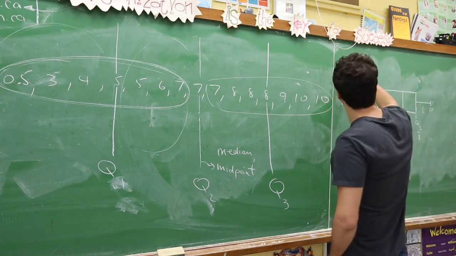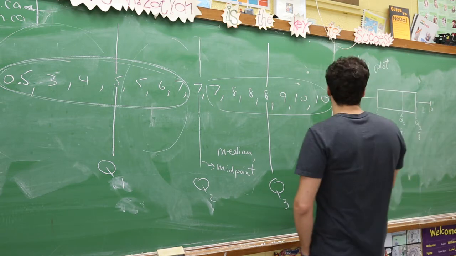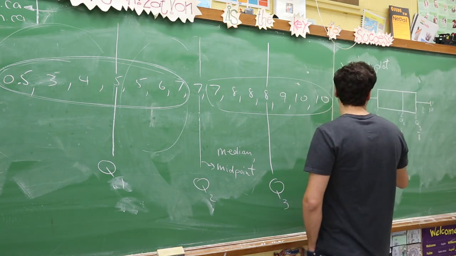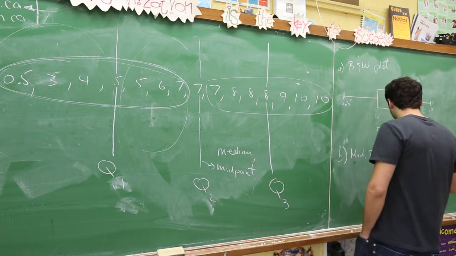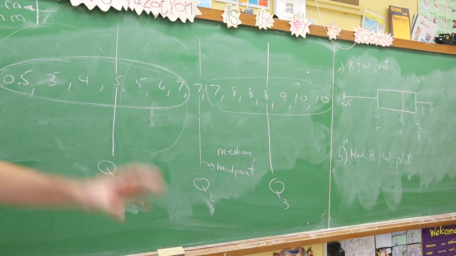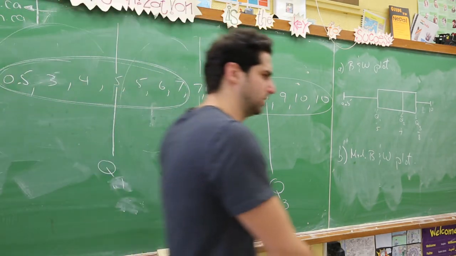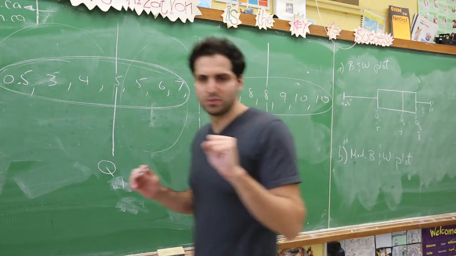This is your box and whisker plot. Then I asked about the modified box and whisker plot. Again, it's a definitional thing, and it's a modification of this based on a predetermined standard which tells you whether or not some of your data should be considered a quote-unquote outlier.